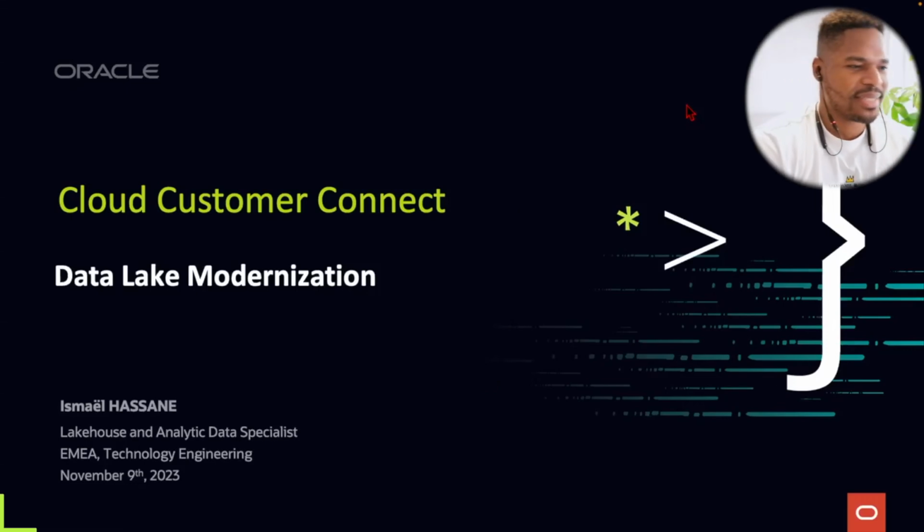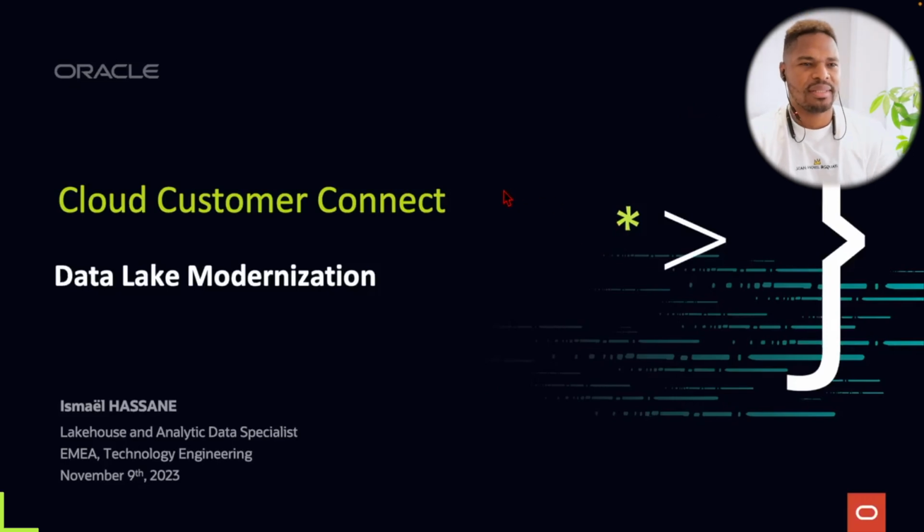Before I start with the introduction, I would like to quickly comment on the result of the poll. The first question was about the challenges of the data lake, and the main one you selected is data quality. Second, we have data accessibility and governance.